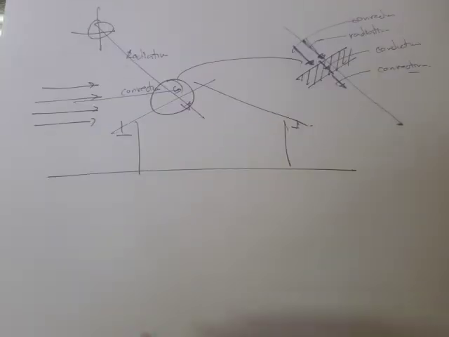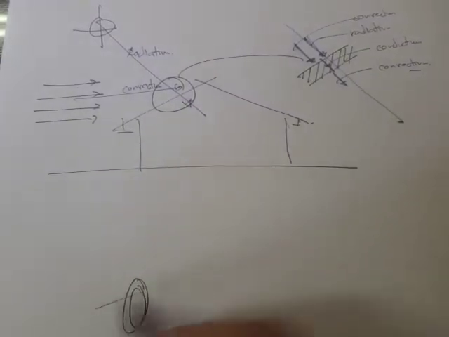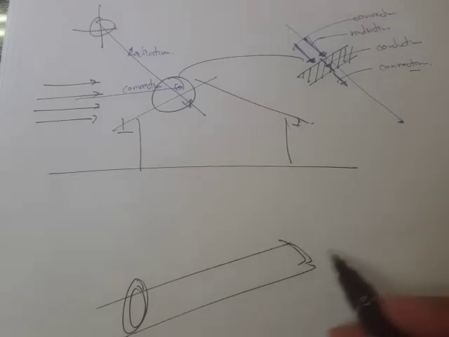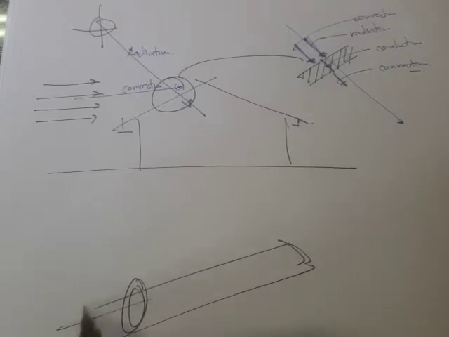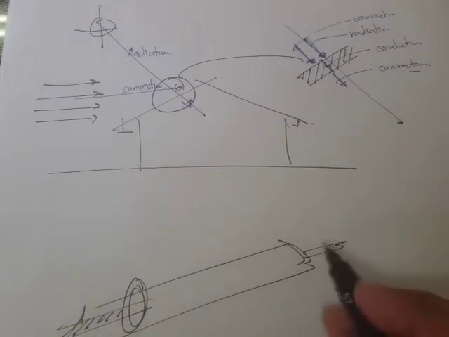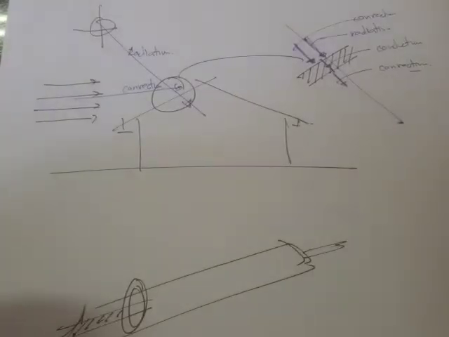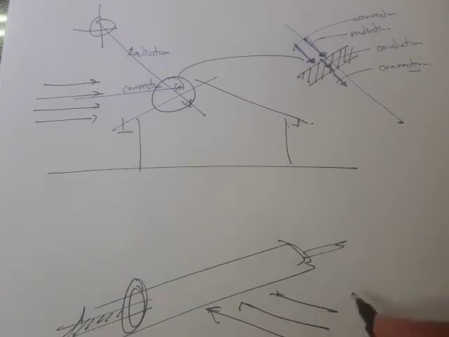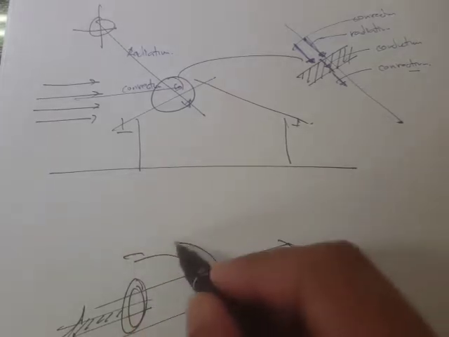Another situation is if we have this pipe, and inside the pipe there's a flowing fluid, let's say water. Outside the pipe it's subjected to another fluid motion, in this case let's say air, right?